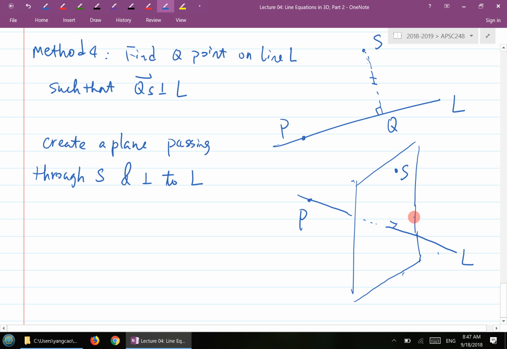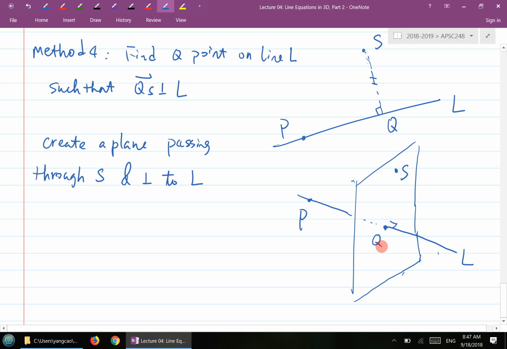Why do we do this? Because if I create this plane perpendicular to the L and passing through the S, guess what will be the intersection point between this L and the plane? That's exactly the Q point we're looking for.